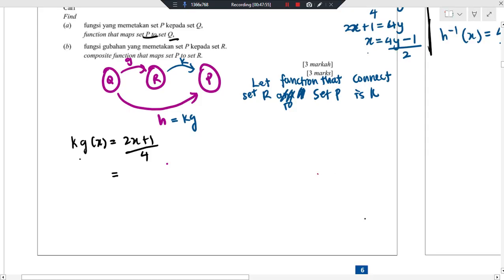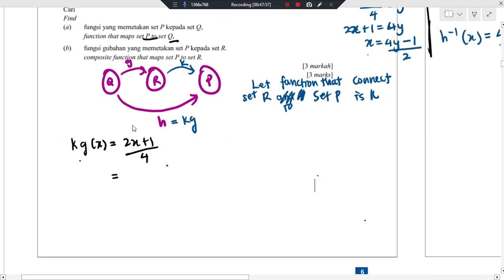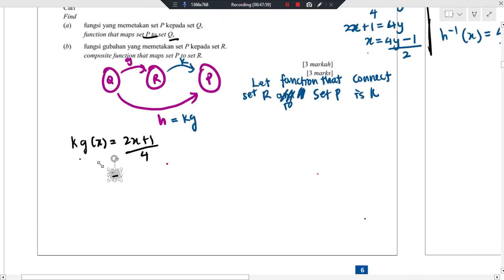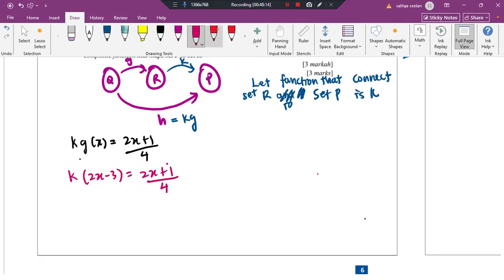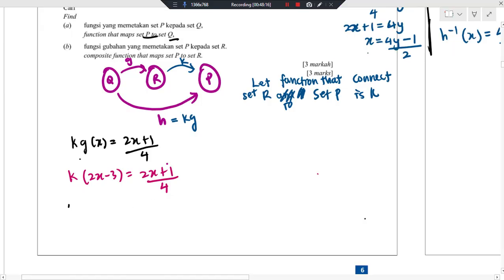Okay. From here, kita akan buat dua benda, betul tak? Let 2x minus 3 equals to y and x is equals to y plus 3 over 2. Substitute dua-dua ni dalam equation. Jadi k 2x minus 3 ni apa dia? Y kan? Jadi dia akan jadi ky, betul tak?